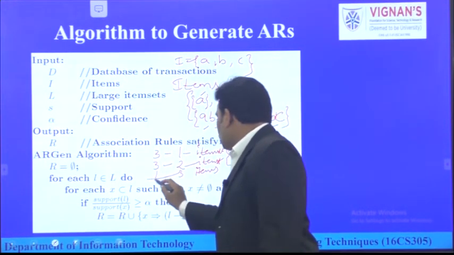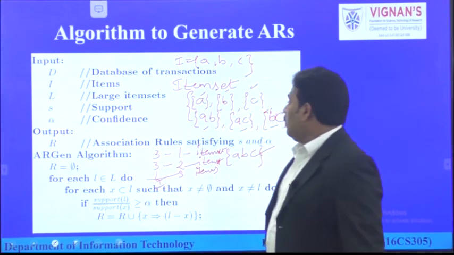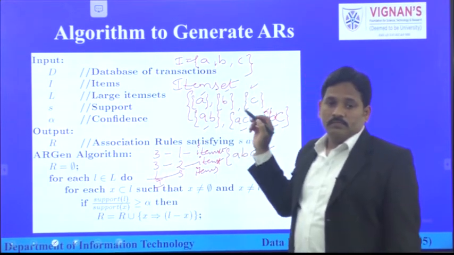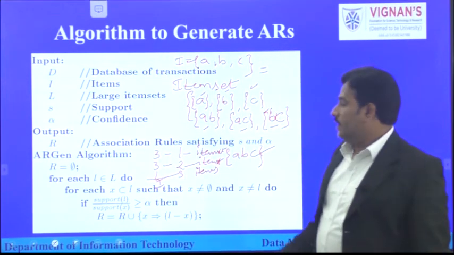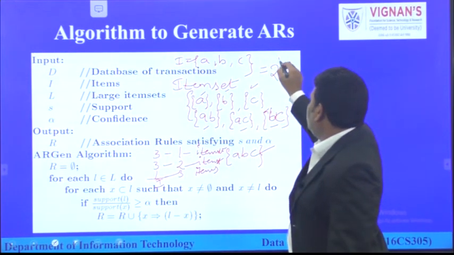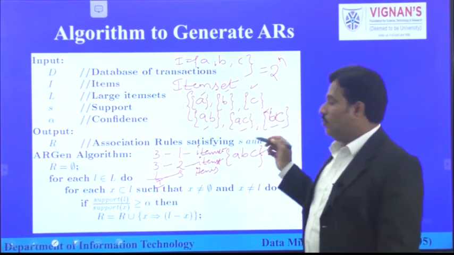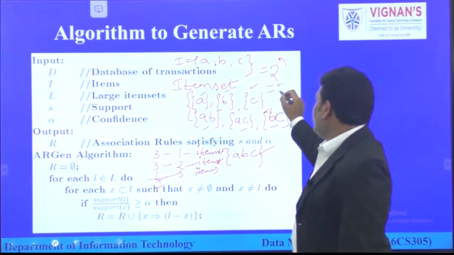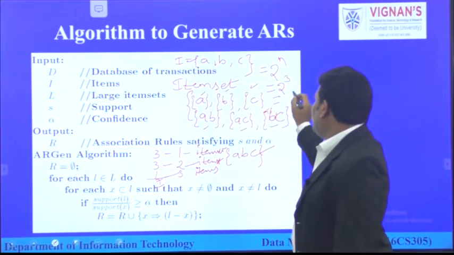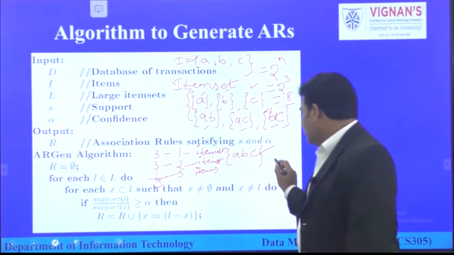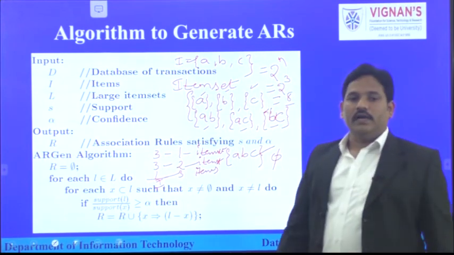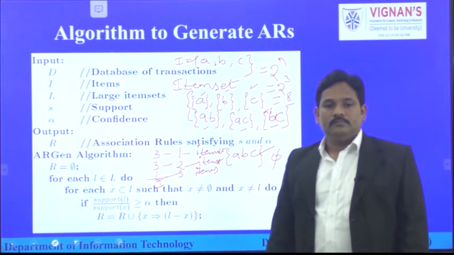So totally the count is 7. We have 3 items. When we have 3 items, the possible item sets number 2 to the power of n, where n equals the number of elements. Here the number of elements is 3, so 2 cubed gives 8. But here we got only 7. That remaining one indicates the null item, that is, nobody has purchased any item.